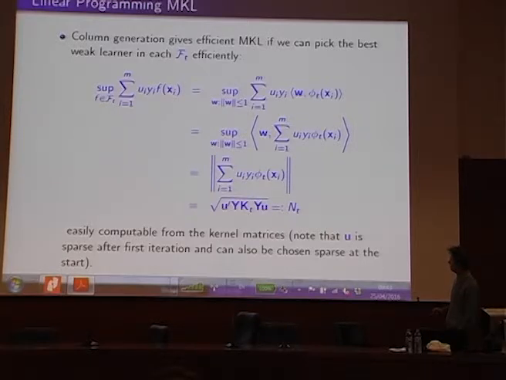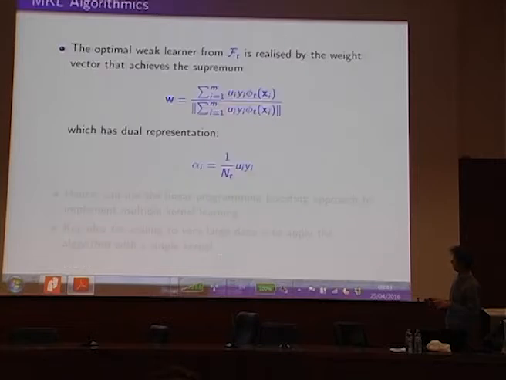So we know how to solve this exactly in that space, and this is the value of the solution. The point here is that the u_i, defined by the linear program, actually defines the weight that we're going to choose in that feature space.